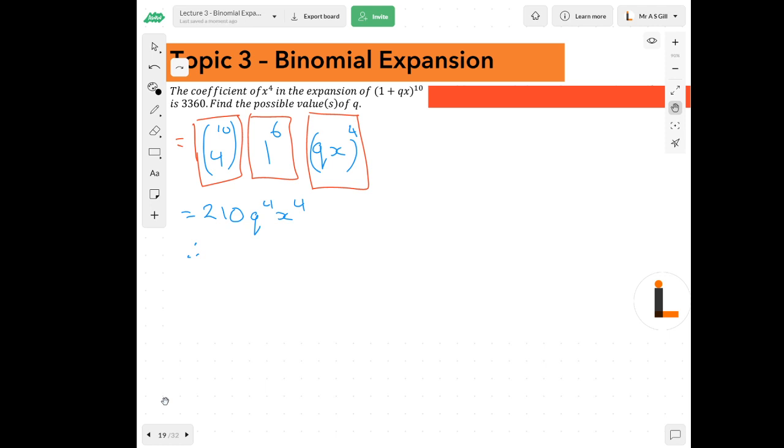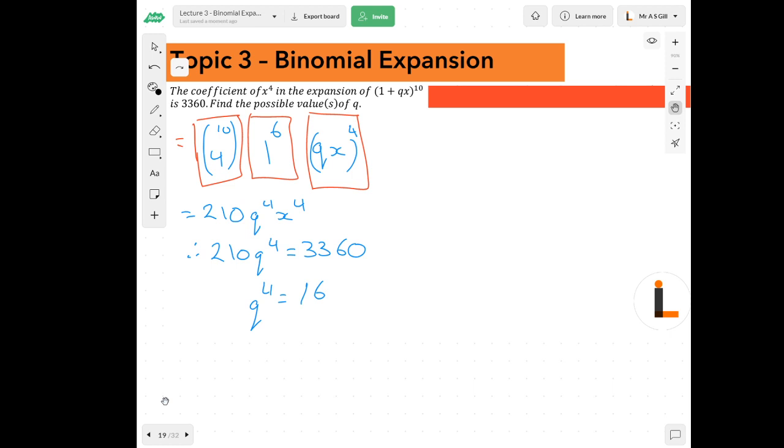So we can say, therefore, 210 q to the 4 is equal to 3,360, and then it's a matter of solving this to find the value of q. So we've got q to the 4 is equal to 16. And this is a really key part here.